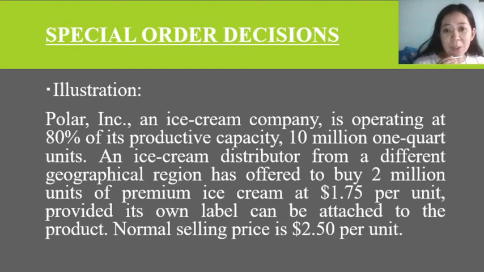An ice cream distributor from a different geographical region has offered to buy 2 million units of premium ice cream at $1.75 per unit, provided its own label can be attached to the product. The normal selling price is $2.50 per unit.